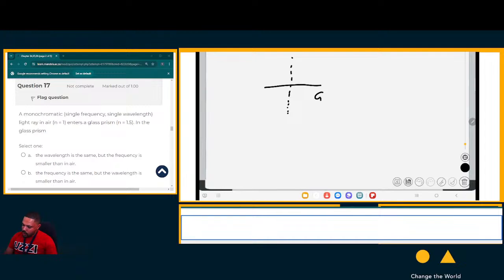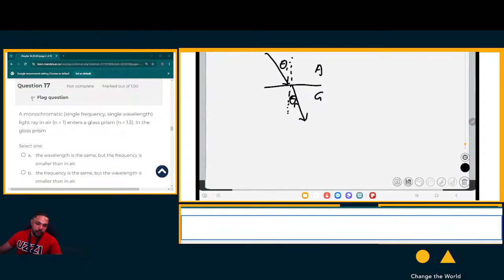This is glass. This is air. We have a monochromatic light ray coming in, and we have a refracted ray going out. This is the angle of incidence. That is the angle of refraction.